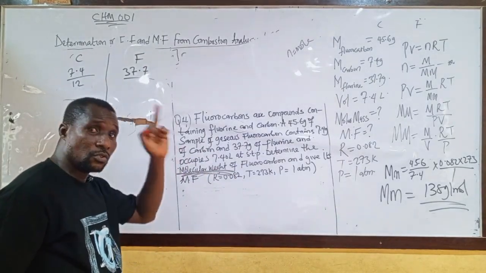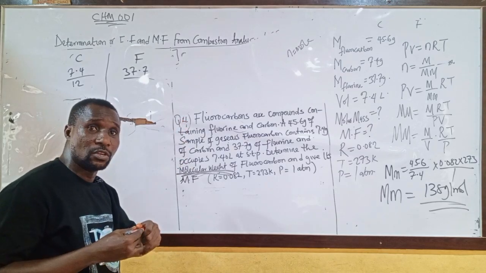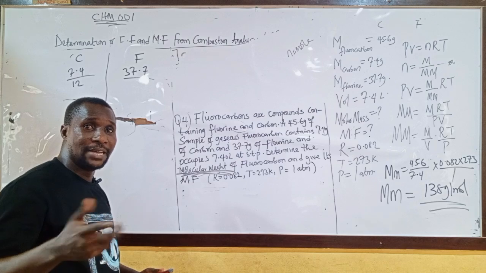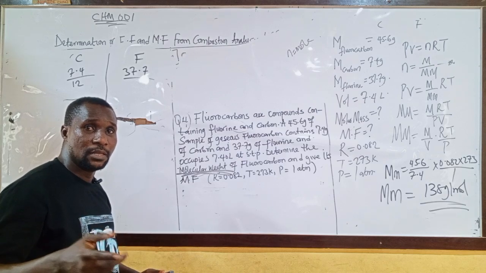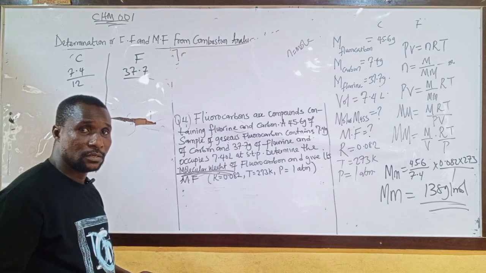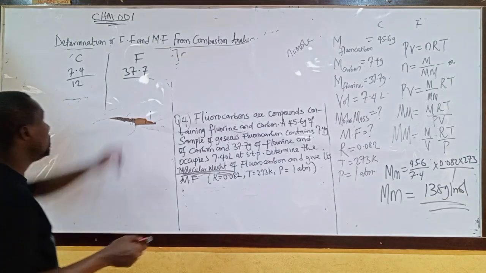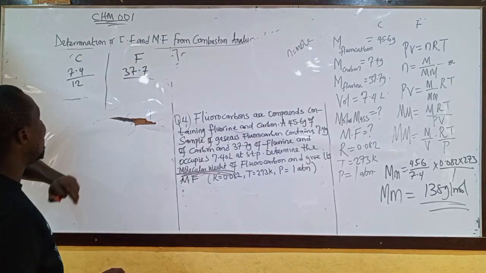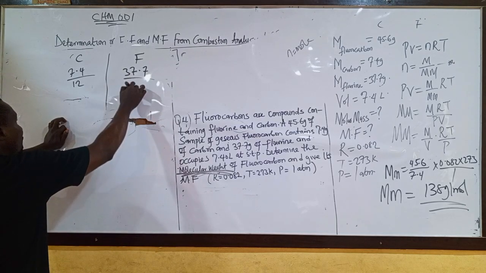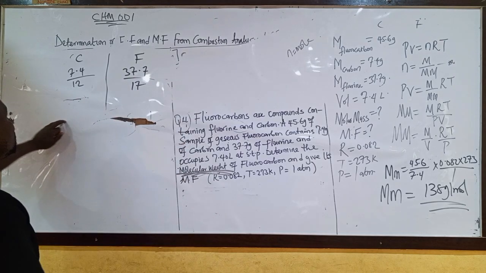I've taught you. Go to the video where I taught you the trick to know the molar mass, the mass number of an element from 1 to 20. The mass number of fluorine is what? 19.